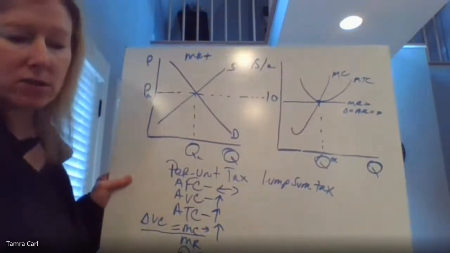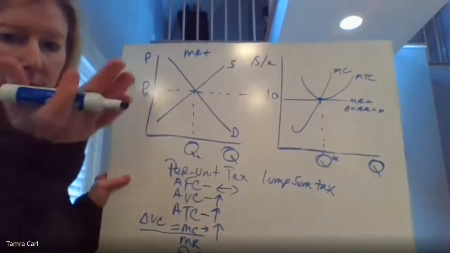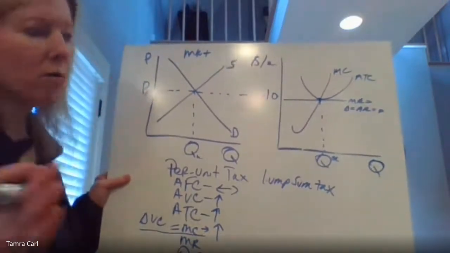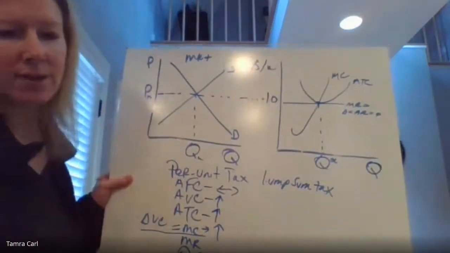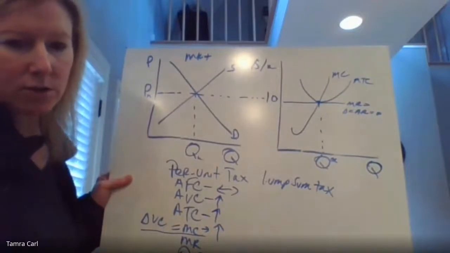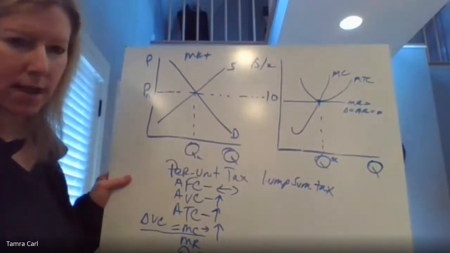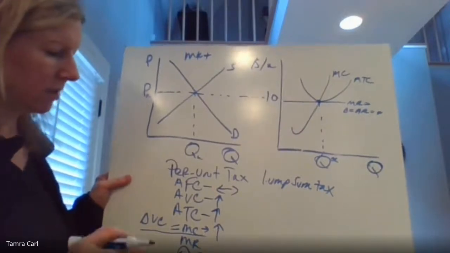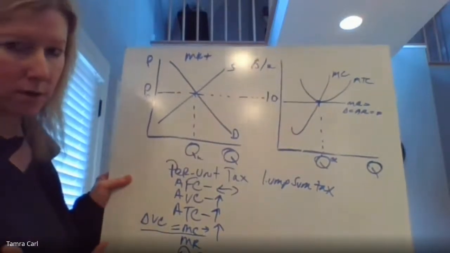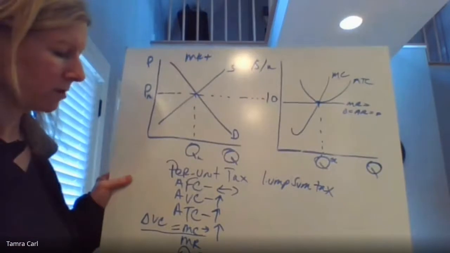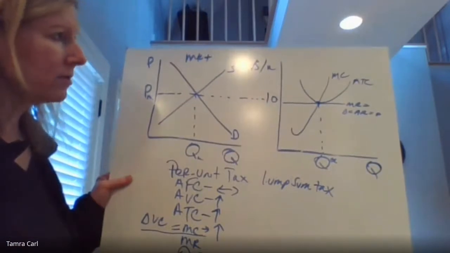So you could explain this two ways with the marginal cost. You could say the marginal cost shifts up, or you could say the marginal cost shifts to the left. I like shifts up just because it's U-shaped, and so I just feel like it's easier to say than saying shifts left. But either one works.